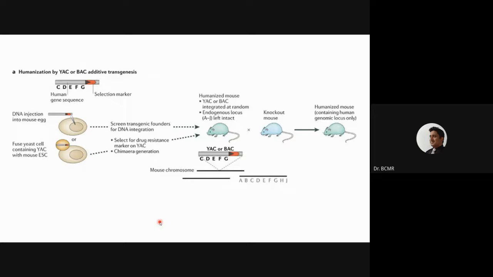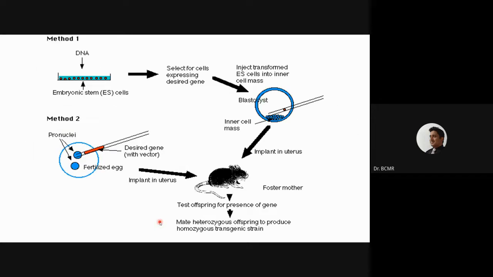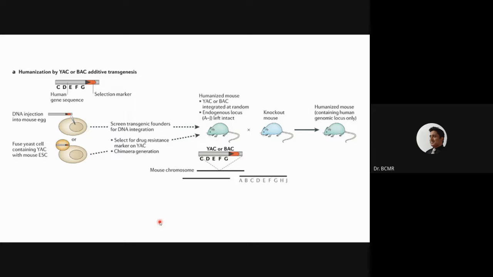So what we are going to do now is understand how to put the genes into mice. Okay, these are some of the popular methods. The first one is humanization by using YAC or BAC.